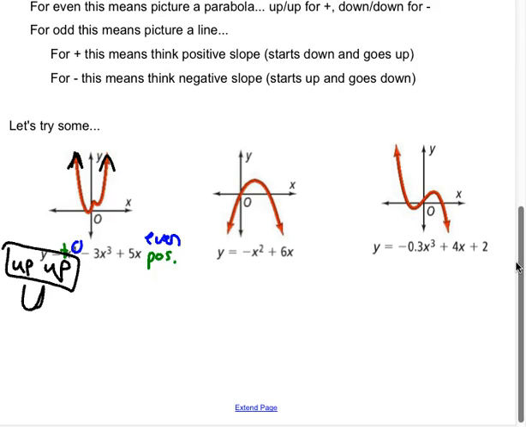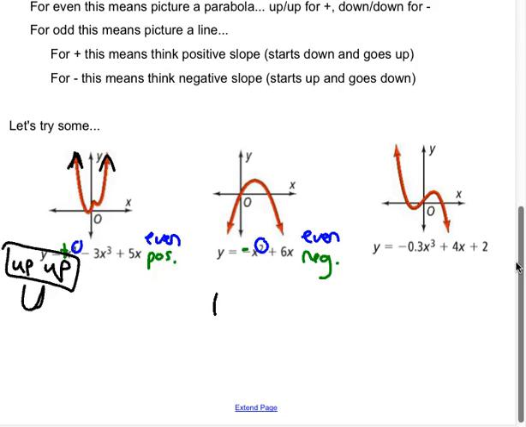All right, for this one, we have even. So even means picture a parabola, and negative. So a parabola that is opening down.